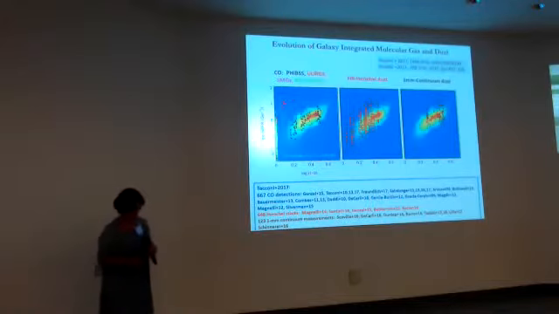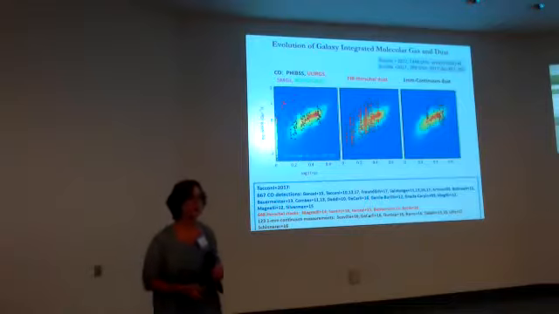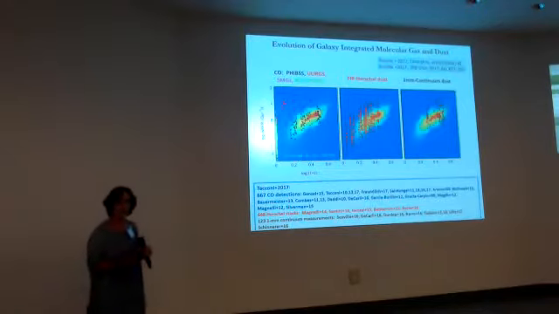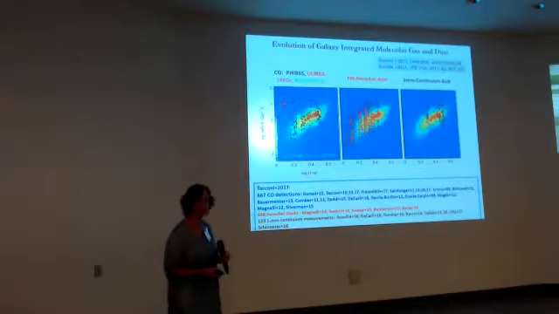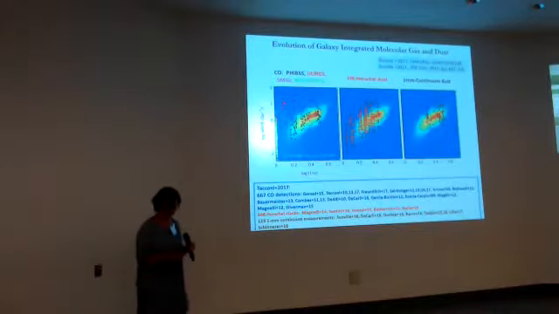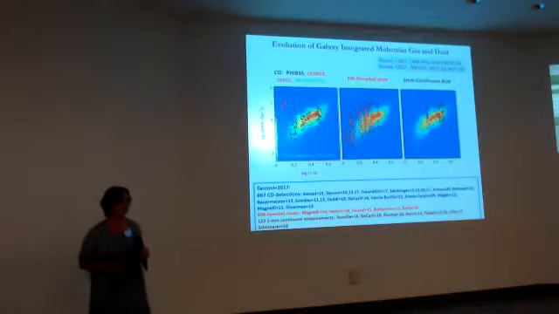So what is different about this work from other works? What we have tried to do here is to cross-calibrate these three methods using consistent methodologies in deriving star formation rates, stellar masses, and molecular gas masses. We've made consistent assumptions across all the different surveys, adjusting parameters when necessary.